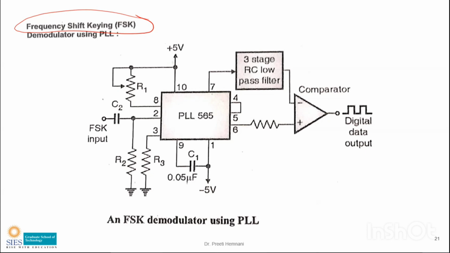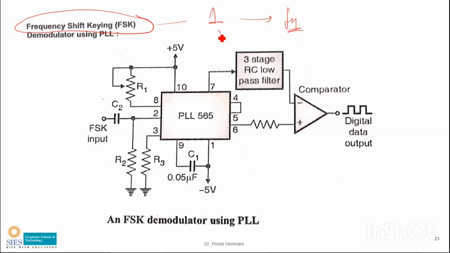Actually, what is frequency shift keying? It is nothing but the carrier frequency will be shifted to either FH or FL depending on whether binary 1 or 0 is to be transmitted. When binary 1 is to be transmitted, the carrier frequency will shift to FH, that means high frequency for 1.